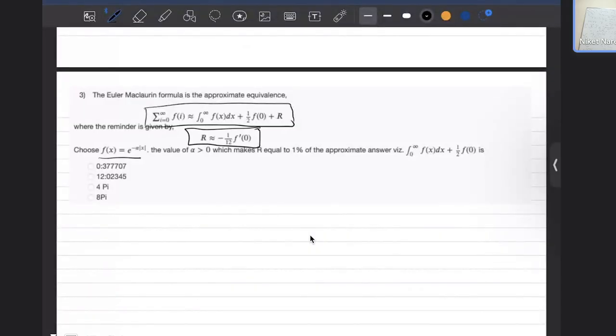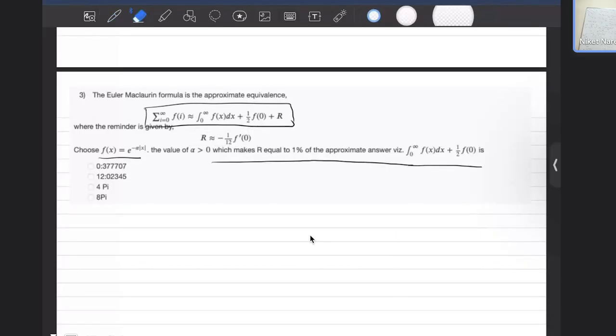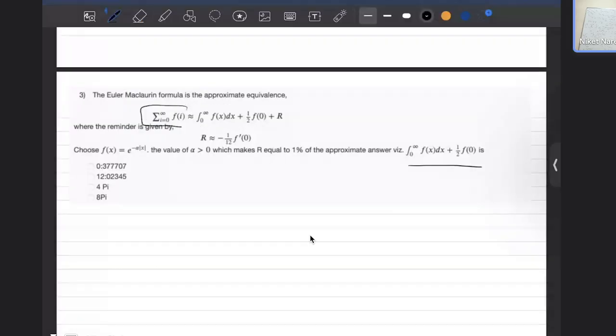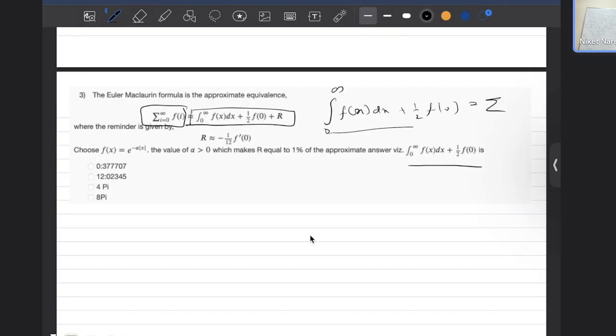The value of alpha is greater than 0, which makes r equal to 1% of the approximate answer. So I want to approximate this summation of f(i) by the integral 0 to infinity f of x dx plus half f of 0. I want to substitute the summation as just this.